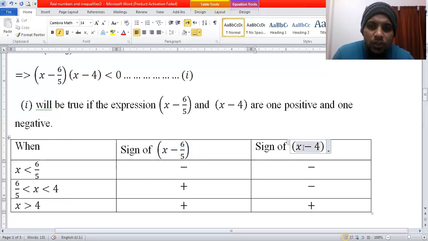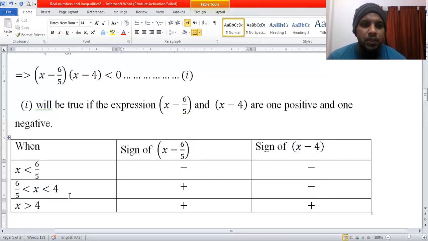And if we consider 2 minus 4, we get a negative value. That means positive and negative. We have found our exact condition: when x is greater than 6/5 and at the same time less than 4, then x minus 6/5 is positive and x minus 4 is negative.